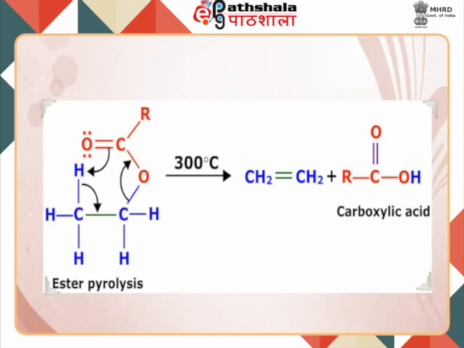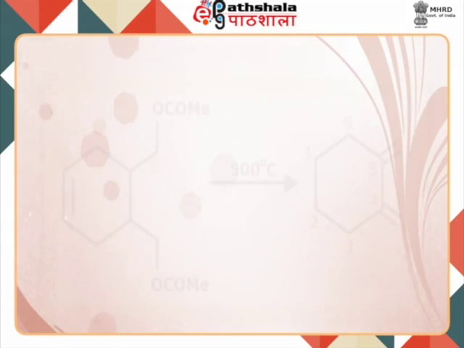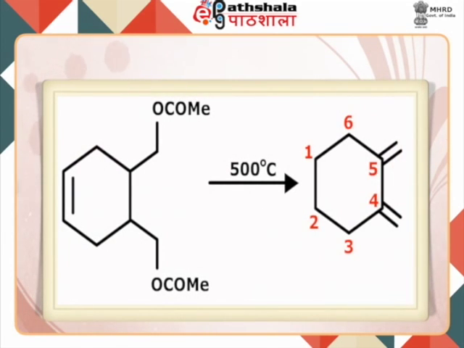In general, this is the general reaction, and if you consider this particular example where this cyclohexene is joined to these two ester groups, on heating around 500 degrees centigrade there is an elimination of OCOCH3 and H, and as a result you are getting these two double bonds which are exocyclic to the ring. So, this is highly directional, and otherwise preparing exocyclic double bonds is difficult. So, you can prepare these types of molecules through this particular reaction.